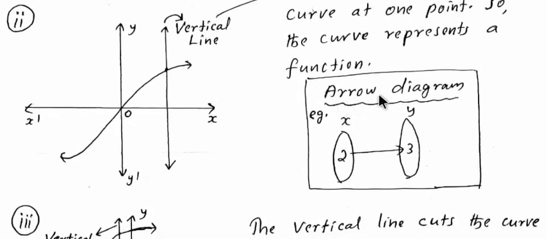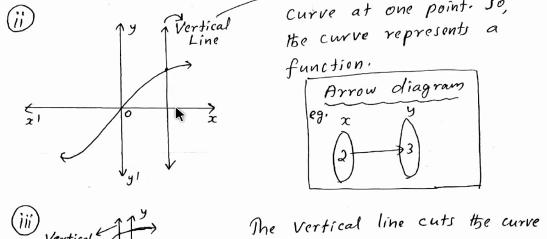Draw an arrow diagram. Here, take x is equal to 2. We can take 2 or 3 or any number here. For example, take x is equal to 2. This is the domain. Then take the values of y or codomain.